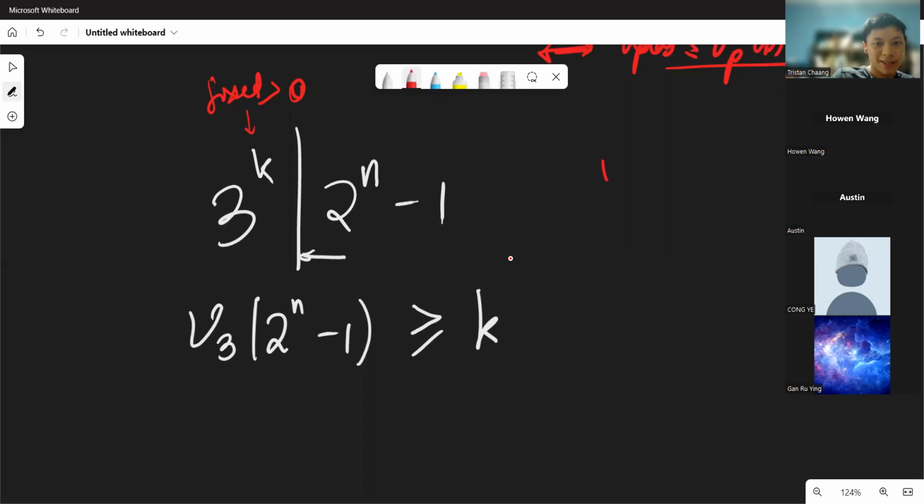So why is n even? Because if it were even, then you can say, let's say n equals 2m, and then it's 4 to the power of m minus 1, and then you can use LTE because 4 and 1 are the same mod 3.